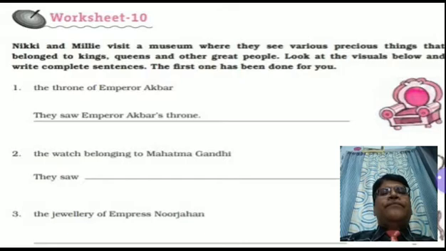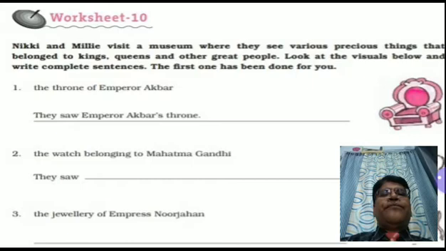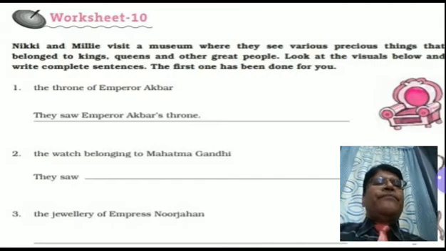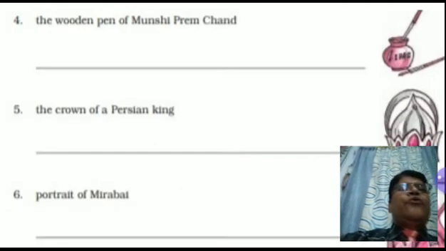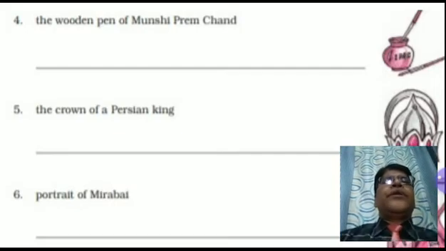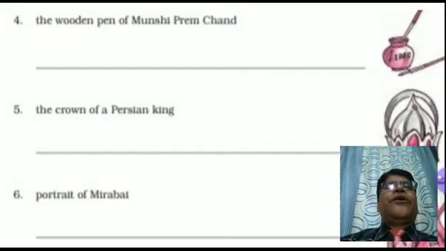They saw Empress Nur Jahan's jewelry, apostrophe s. Now, fourth number, the wooden pen of Munshi Premchand. They saw Munshi Premchand's wooden pen.